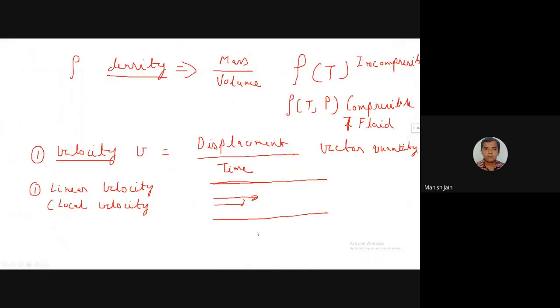Yes, sir. So there are different types of velocity in fluid mechanics. One is the linear velocity, also called the local velocity. Suppose a fluid is flowing inside a pipeline. The velocity of the fluid is not the same at each point.